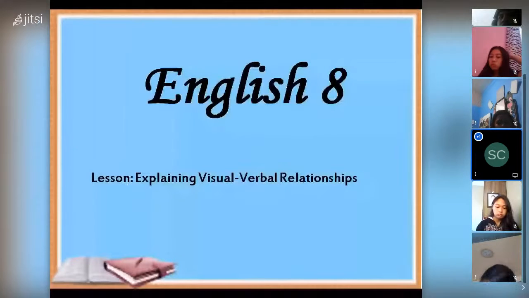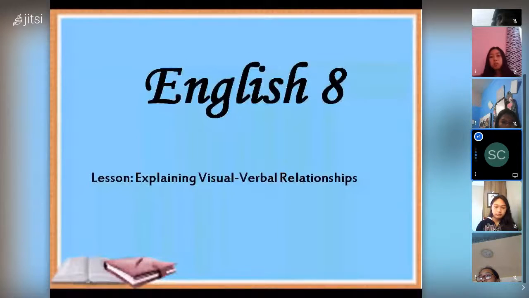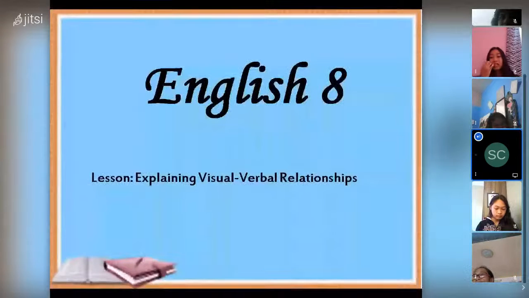You have already encountered expository essay in the different types of essay. Oh my goodness, where have you been? Expository text. Anyone about expository text?